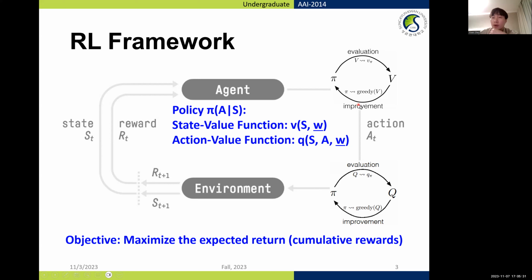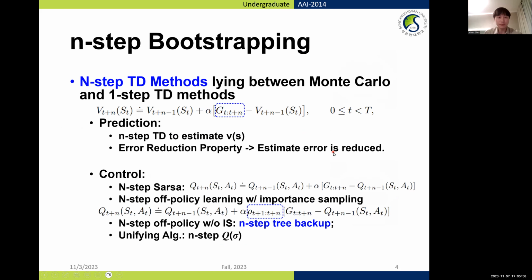If we want to do the prediction, we can update the state value function. If we want to do control, we're going to use the Q function. The one major difference is that we are introducing a new parameter here. The state value function and action value function are parameterized by the weight.